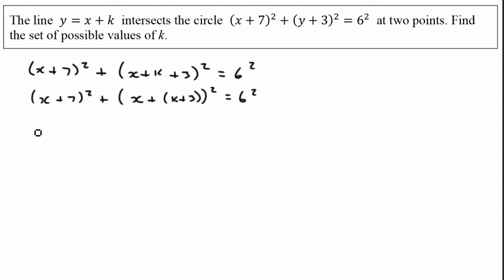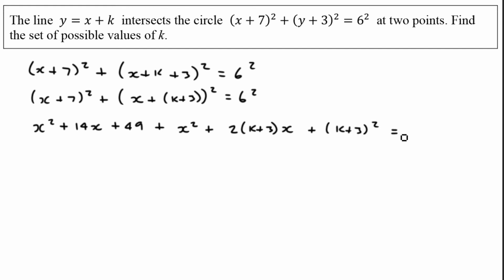So expanding the brackets, we have x² + 14x + 49 for the first bracket, and we have x² plus 2 lots of (k + 3) x's, and we also have (k + 3)². All of that is equal to 36.